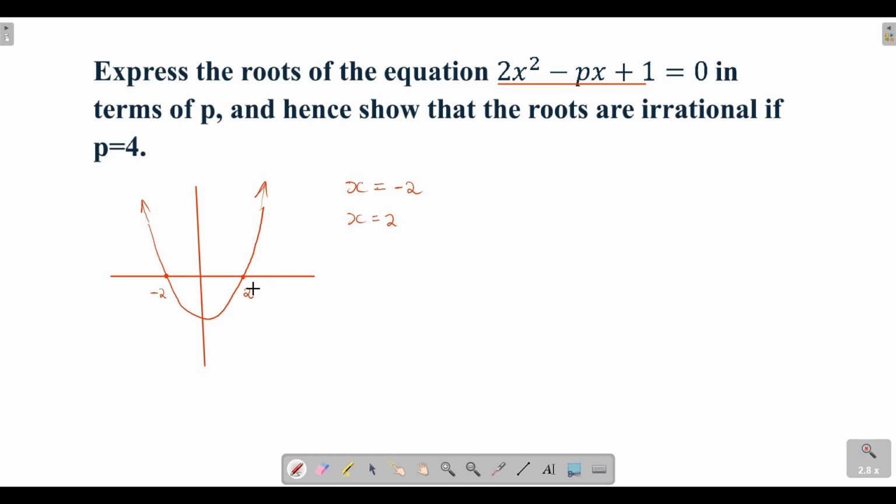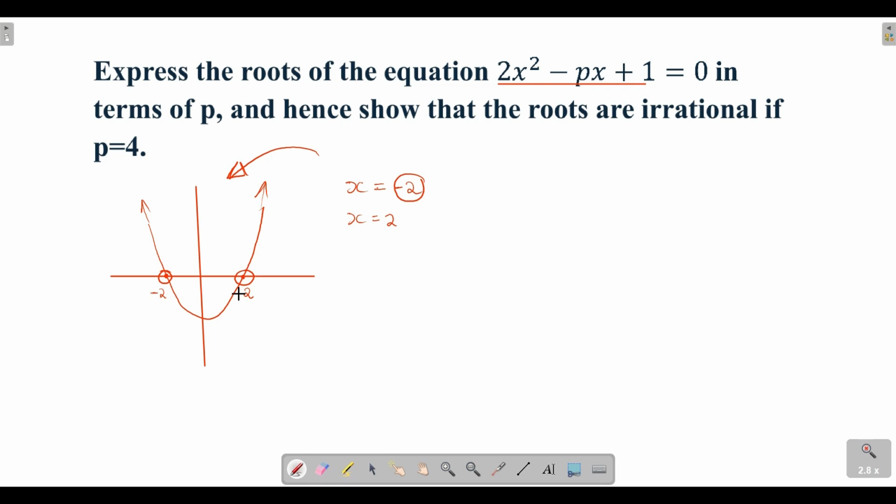When we're talking about roots, we are talking about where the function is equal to 0. If we substitute -2 into the equation of this parabola, we would get 0. They're asking what the values of x are where this function cuts the x-axis.